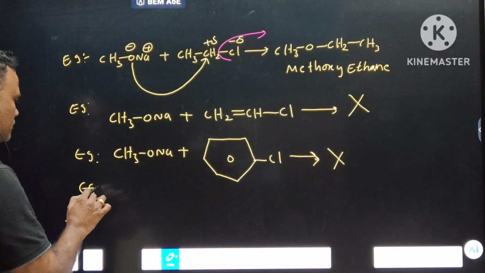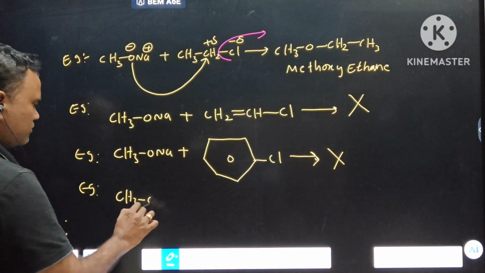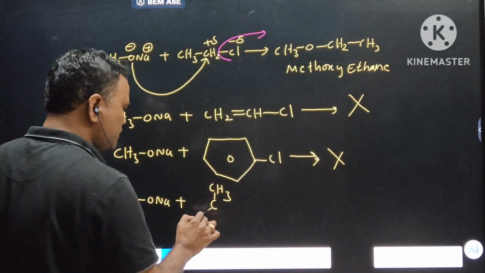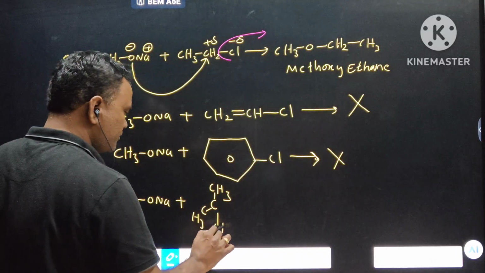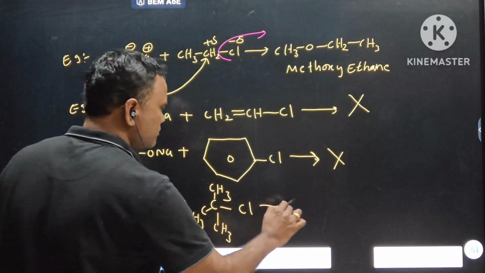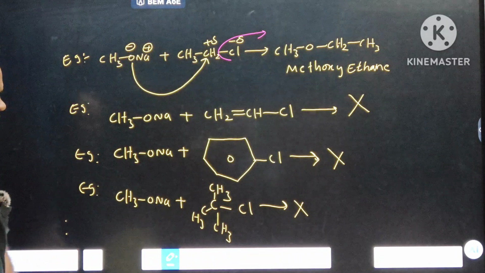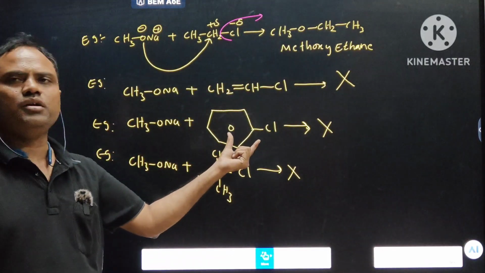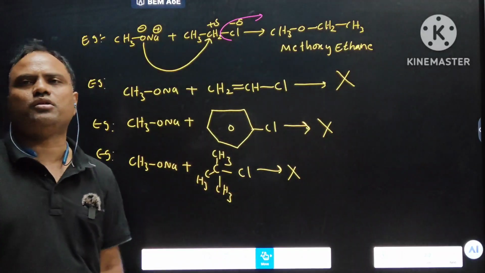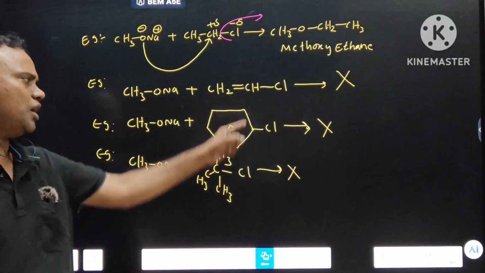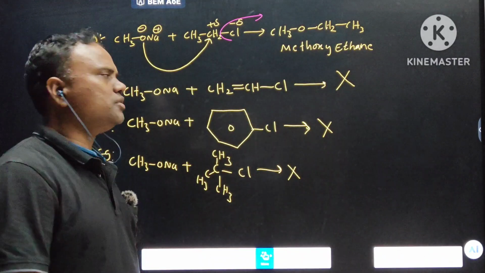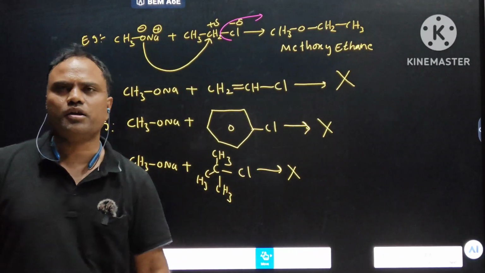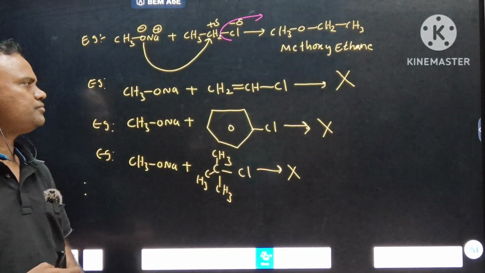And if I take tertiary butyl chloride, in this case also no reaction. Remember these three. In the Williamson synthesis, you should not take vinyl chloride, chlorobenzene, or tertiary butyl chloride. These three alkyl halides do not participate in the Williamson's ether synthesis. Clear? Right.